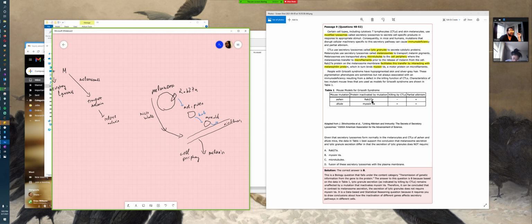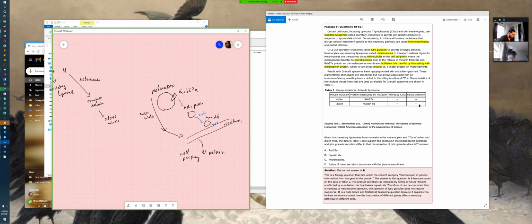Protein inactivated, partial albinism. So this mutation causes this to inactivate, and it results in the CTLs not being able to kill anymore, and you get partial albinism. And this mutation causes the myosin VA to be inactivated, which keeps the CTL functioning, and you still get partial albinism.